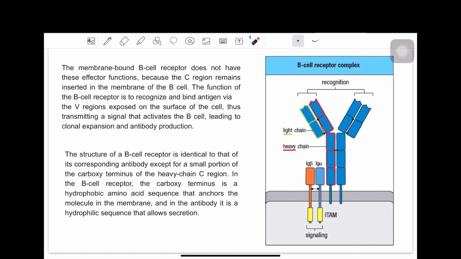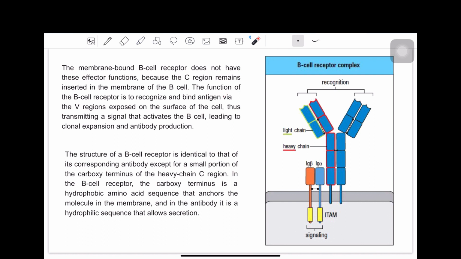These functions are the effector functions of the antibody, and the membrane-bound B cell receptor does not have these effector functions. Why? Because the C region remains inserted in the membrane of the B cell. C region means the C terminal part of this particular protein. It remains inserted in the membrane of the cell, so it is a transmembrane region.